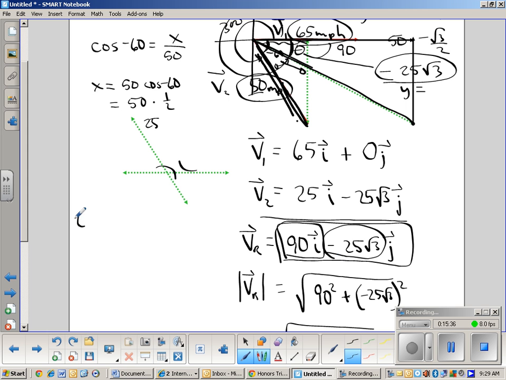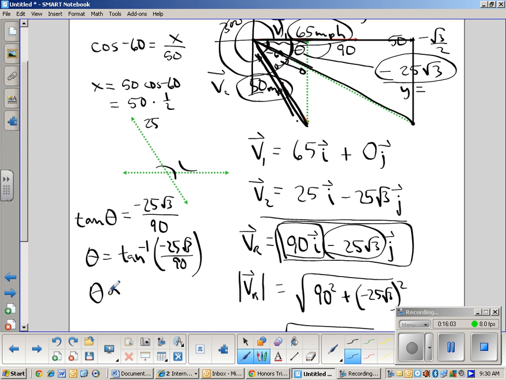And so tangent of theta is equal to opposite, negative 25 square root of 3, over adjacent, which is 90. So theta is equal to inverse tan of negative 25 square root of 3 over 90. If we plug that in our calculator, it's probably going to give us a negative number.